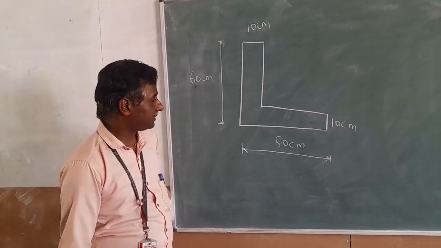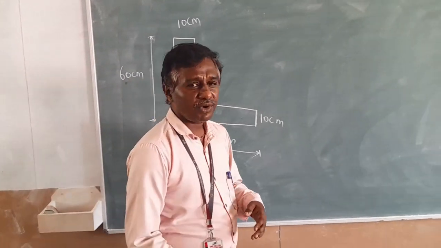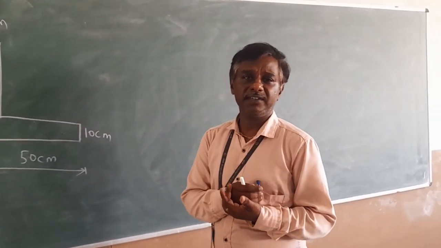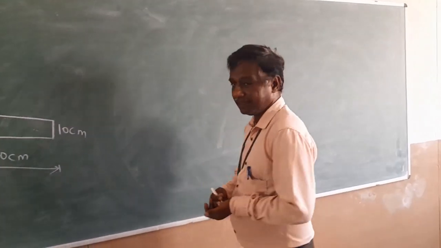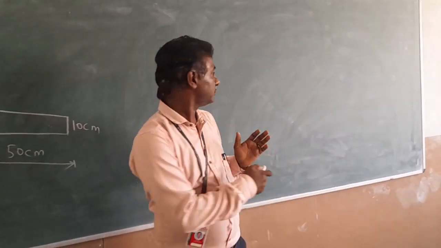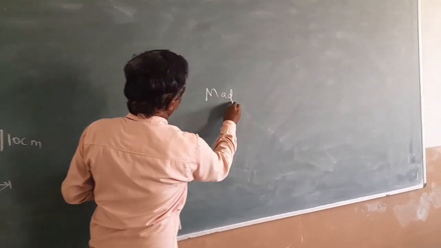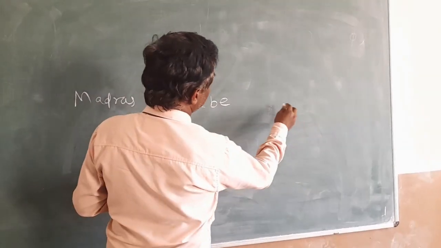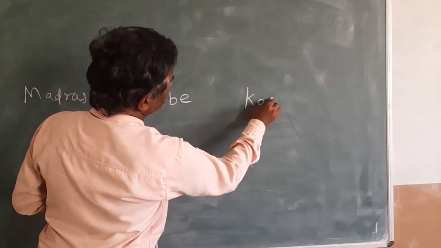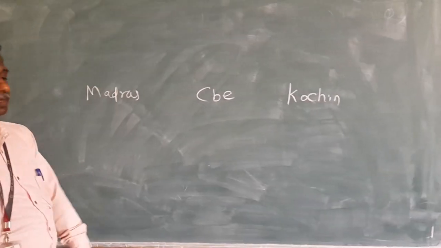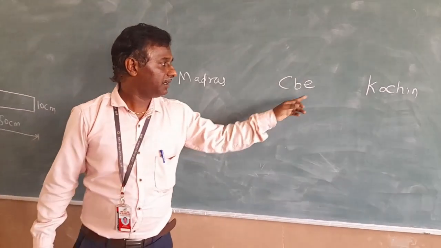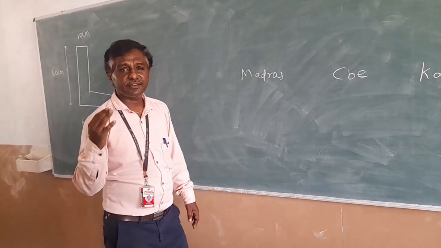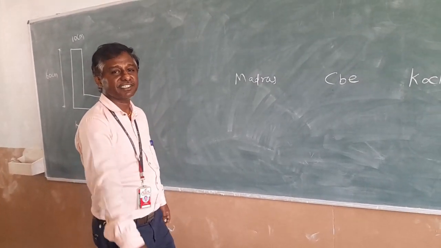Okay, first, when we are going to solve for a composite section to find the centroid, we must have a reference point. Let's take Madras, Coimbatore and Kochi. Why am I going to take a reference point? From where it is to be measured, that is the question.